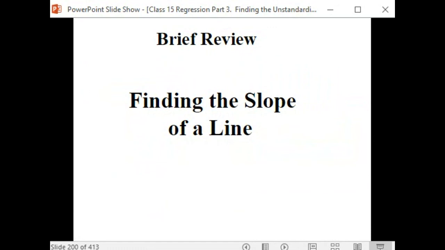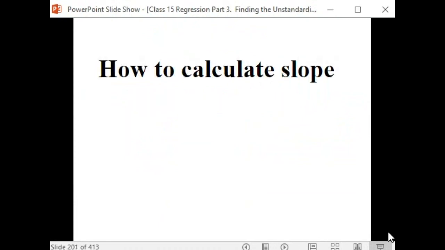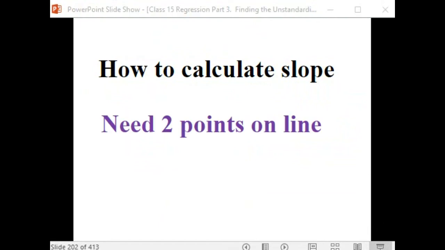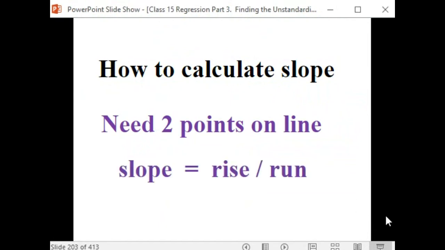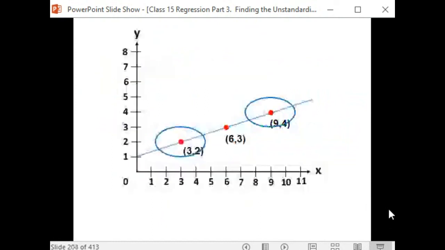So instead, let's review another topic that we covered earlier, finding the slope of a line. Now, to calculate the slope of a line, we need 2 points that are on the line. The slope of the line is equal to the rise between the two points divided by the run between the two points.